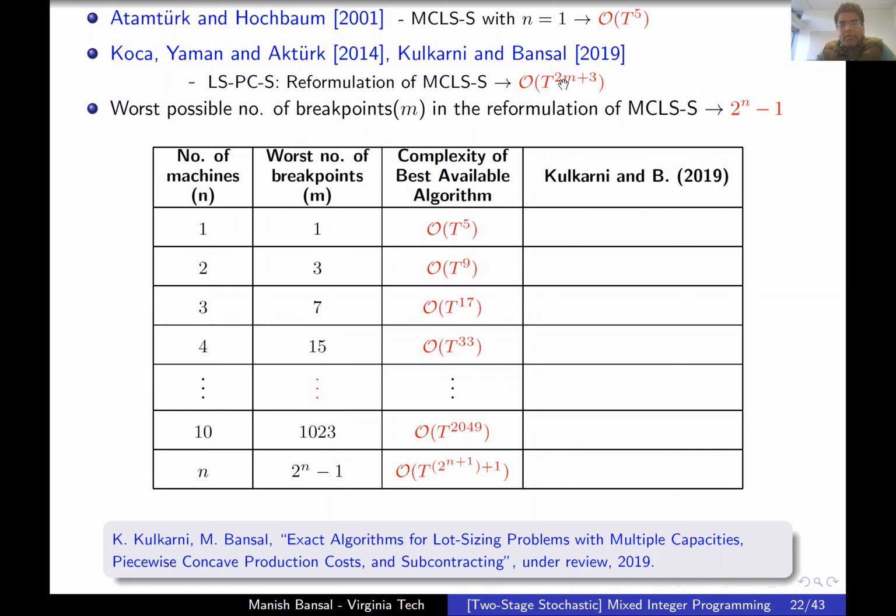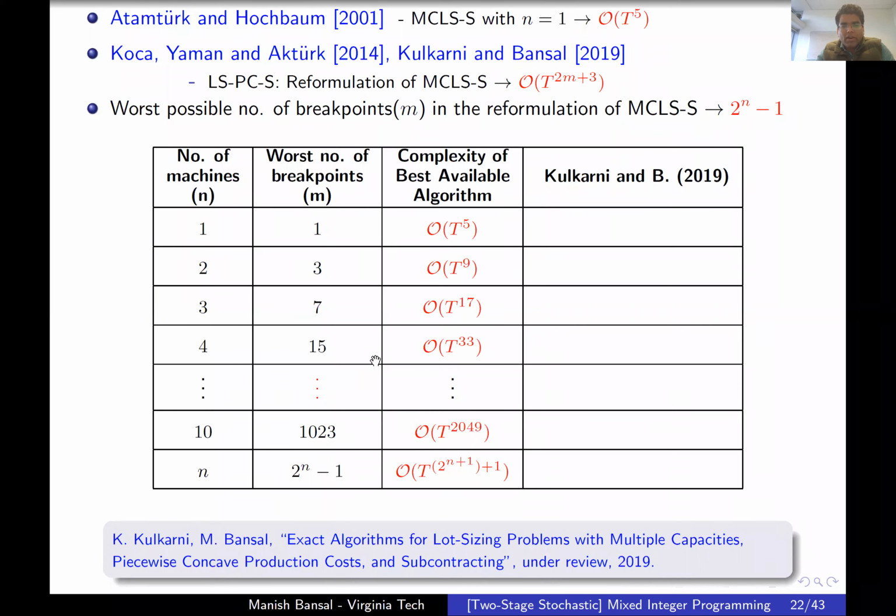But the number of breakpoints when you do the reformulation, because of this structure we have with the n capacities, the worst possible number of breakpoints in the reformulation will be 2 to the power n minus 1, because I have to consider all possible subsets of 1 to n except the empty set. And if I do that, then what will happen? If I just want to use this reformulation for this problem.